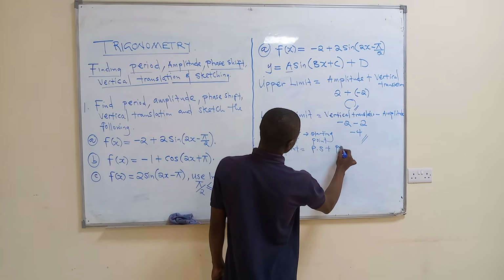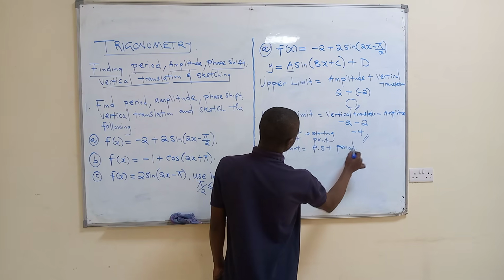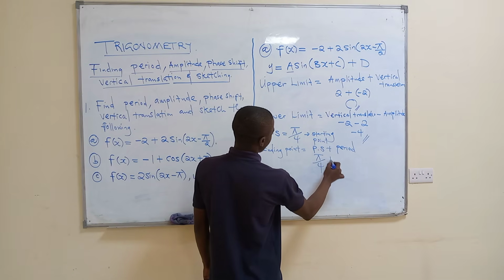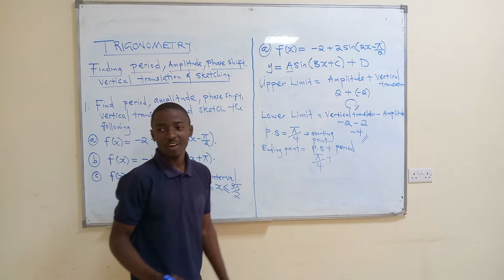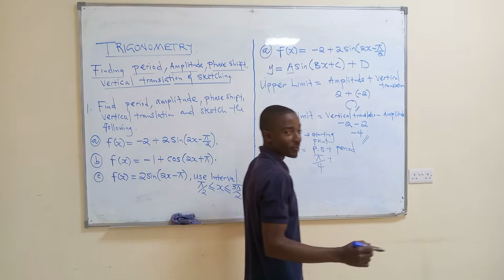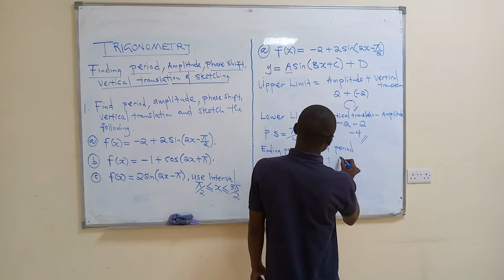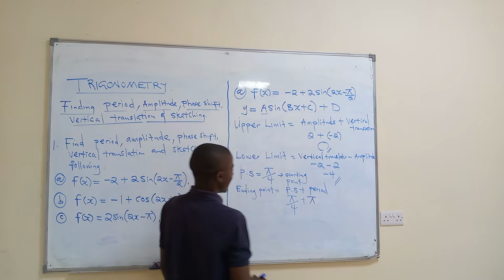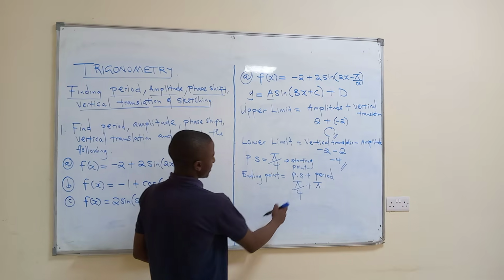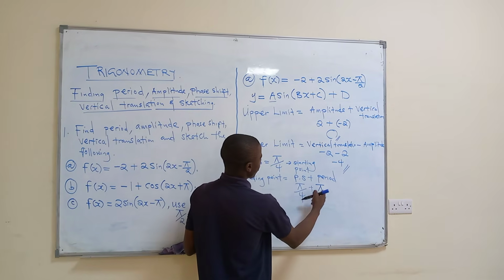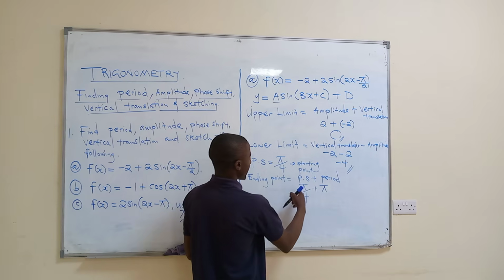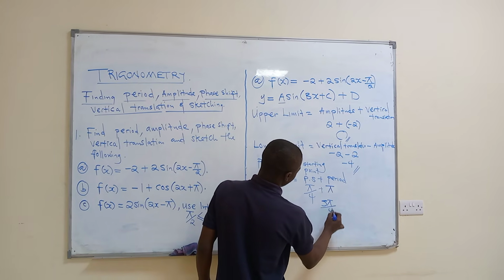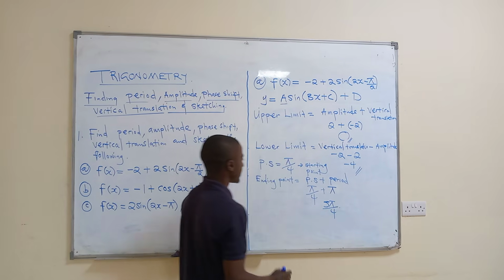Period. So phase shift, that is 5/4 plus, what was the period? Was it 5? So the period, that is 5. So to get the ending point, 4 times pi, that is 4 pi, plus pi, that is 5 pi over 4. 5 pi over 4. This is the ending point.